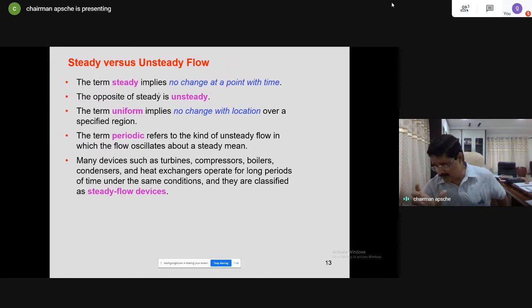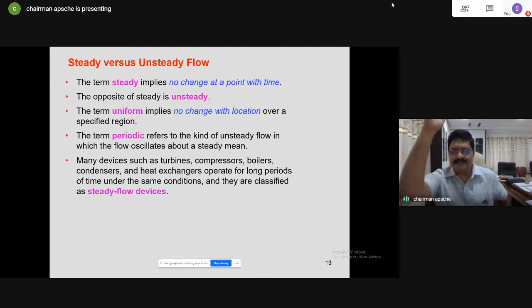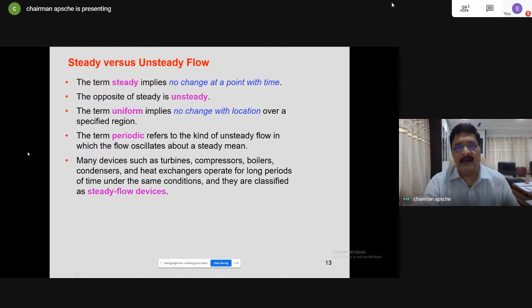When you focus on one particular location and observe that the characteristic of the fluid flow remains the same in that location irrespective of the time, then I call it uniform flow. Periodic, like your periodic heat transfer, oscillates about its mean. It deviates and again comes back to the original after a time interval. Such flows I call periodic.